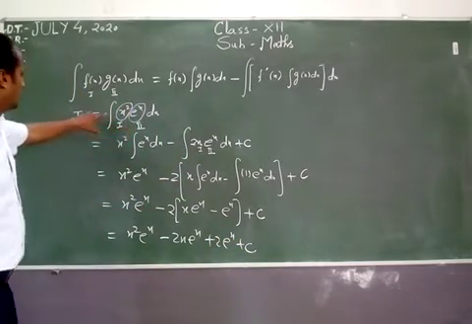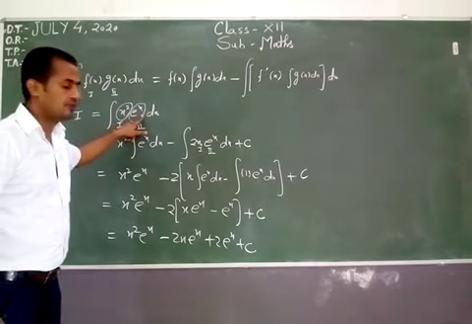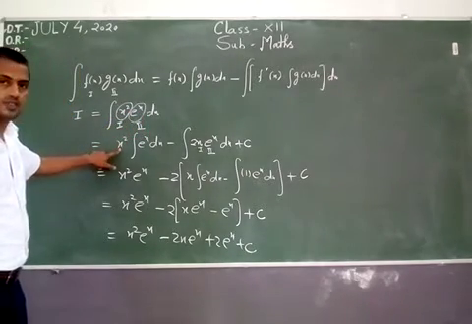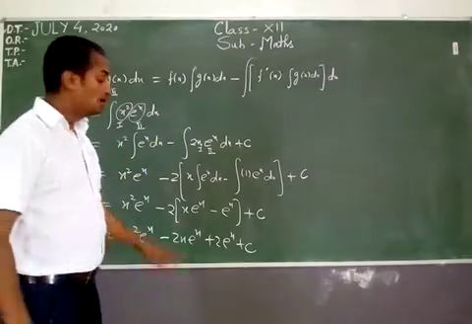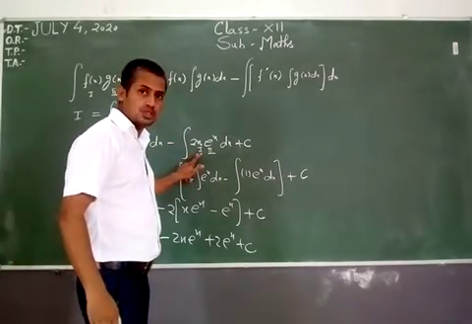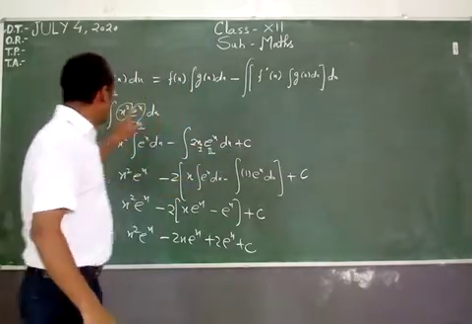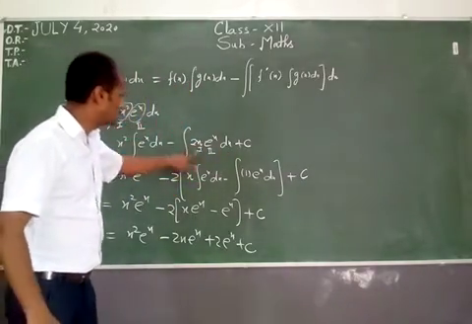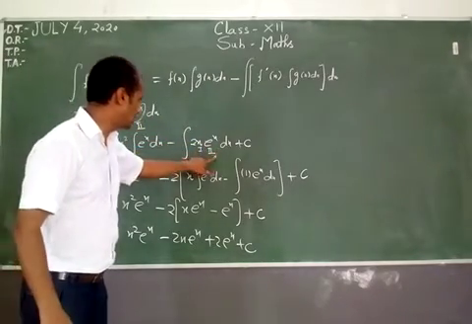Now see again, x square is the first function and e power x the second function. First as it is, integration of second, minus integration of the product of first function's derivative and integration of second. The derivative of x square is 2x. Integration of e power x is e power x.